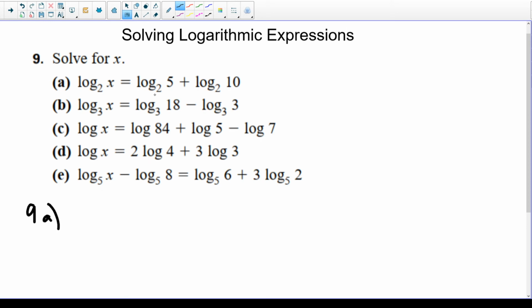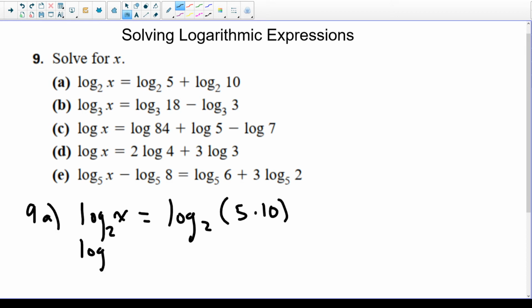So all I'm going to do is I'm going to leave the log base 2 of x on this side alone for a minute. But I am going to work on this part, all right? Well, that part is an addition, so we know how to deal with additions. It's just a multiplication. So 5 times 10, right? So I end up with log base 2 of x equals log base 2 of 50.